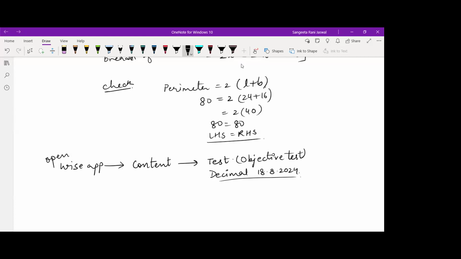You have the decimal recordings in the WISE app for the chapters we have done. Otherwise, when we finish everything, we'll do the revision of all those chapters also.